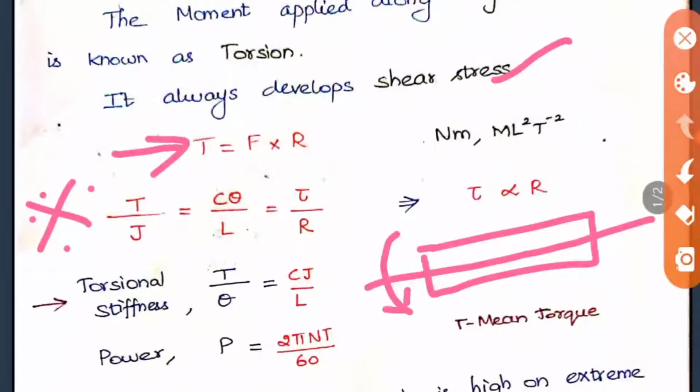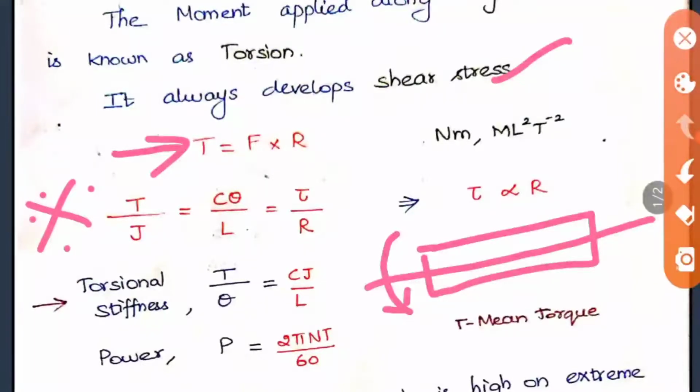Theta is the twist of the cross section, L is the length of the shaft, tau is the maximum shear stress that occurs in the shaft due to the torsion, and R is the radius of the shaft.